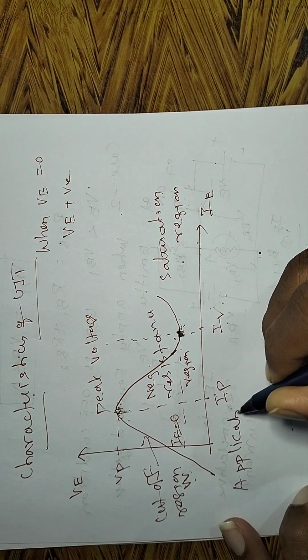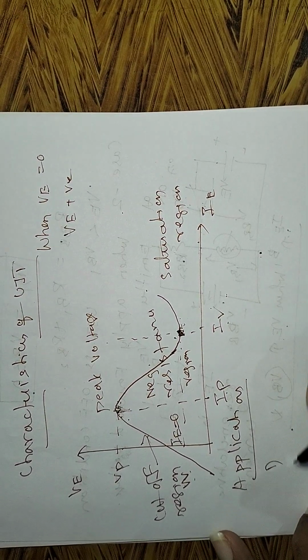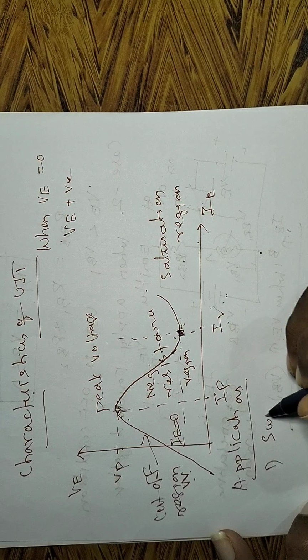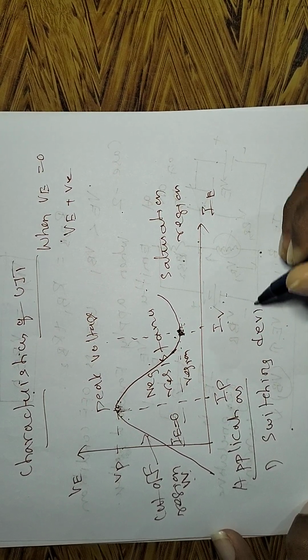Now applications, where these UJTs are used. First one is switching devices.